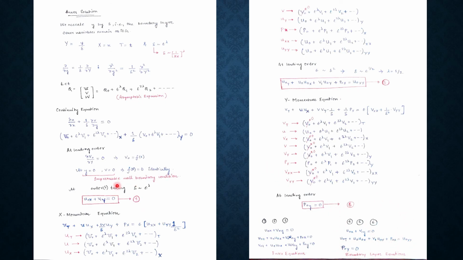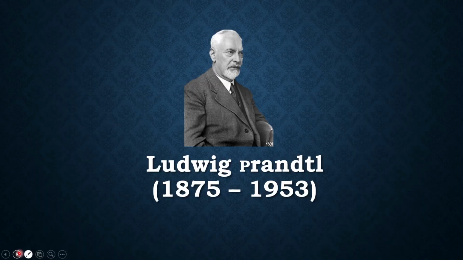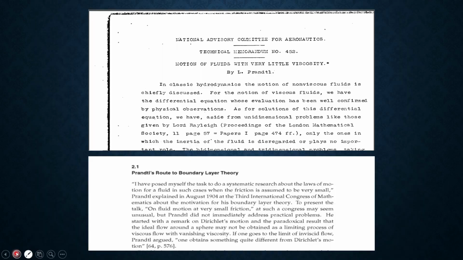Now these equations, 4, 5 and 6, are the boundary layer equations that we have obtained over here. These equations were first derived by Ludwig Prandtl and presented in his paper titled Motion of Fluids with Very Little Viscosity. This discovery of the boundary layer was a very significant contribution by him, and it resolved several important paradoxes such as D'Alembert's paradox, which said that there was zero drag when the pressure was analyzed over the flow over a cylinder.